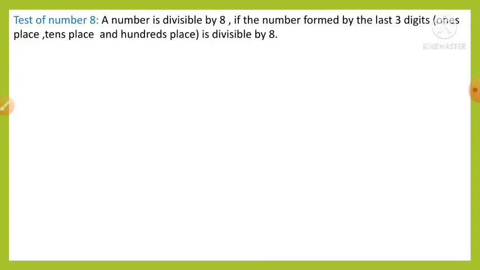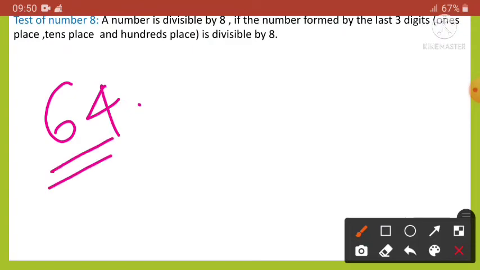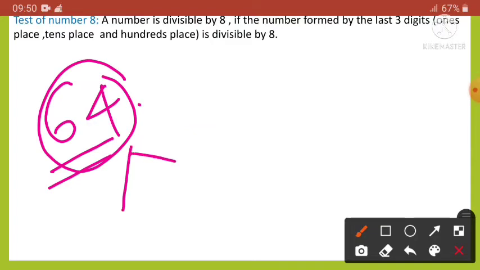So now check it. Suppose I am taking the number 64. It is a 2-digit number. For a 2-digit number, the rule is we have to divide 64 by 2 and 4.